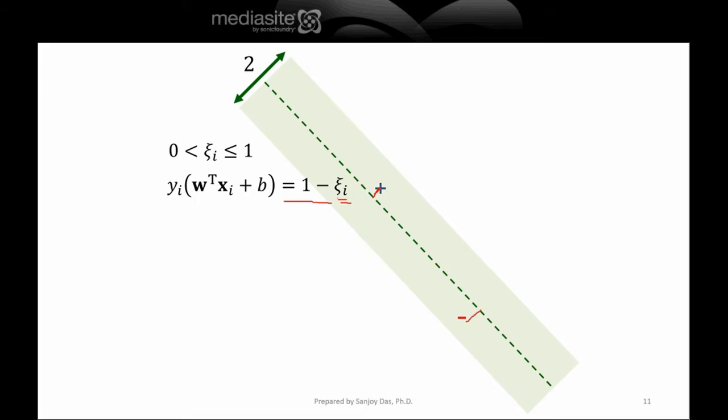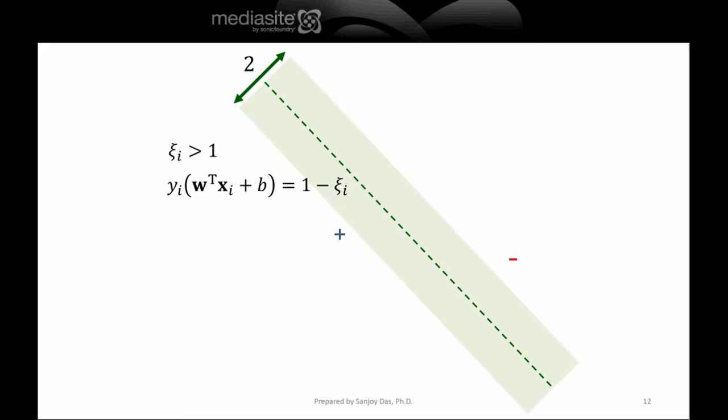So zeta i is also half, so that 1 minus zeta i is half. And in the plus case, 1 minus zeta i is equal to 1/3. So that's why, in these cases, these points are on the correct side of the hyperplane, but they are entering the forbidden region, and so zeta i lies between 0 and 1.